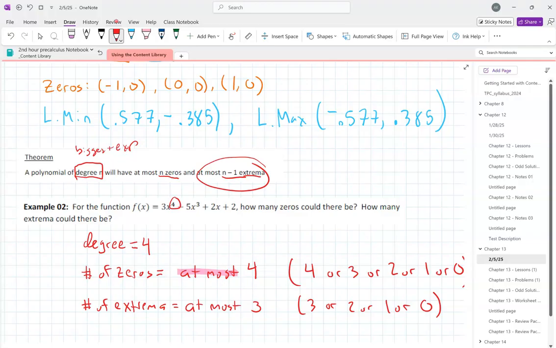Does this feel okay? Pretty easy theorem to use. Does it tell me at all how to find these things? Nope. It doesn't give me any help on doing that, other than, if I found 4 of them, I found all of them that I can find for the zeros. Or if I find 3 of them, I know I found all I can find for the extrema. But if I find only 2 zeros, do I know I found them all?